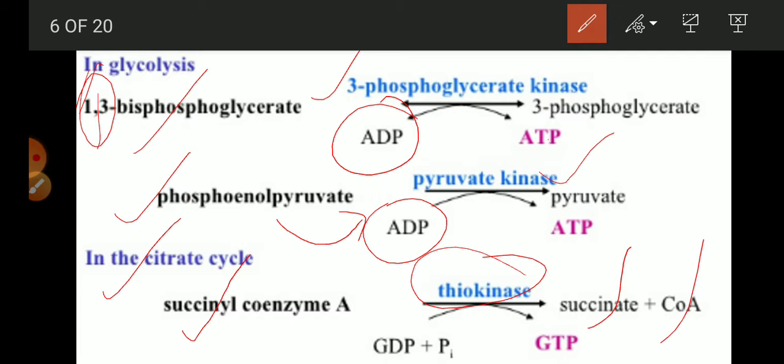Here GDP, with addition of 1 inorganic phosphate, becomes GTP, and later on this GTP will change into ATP.